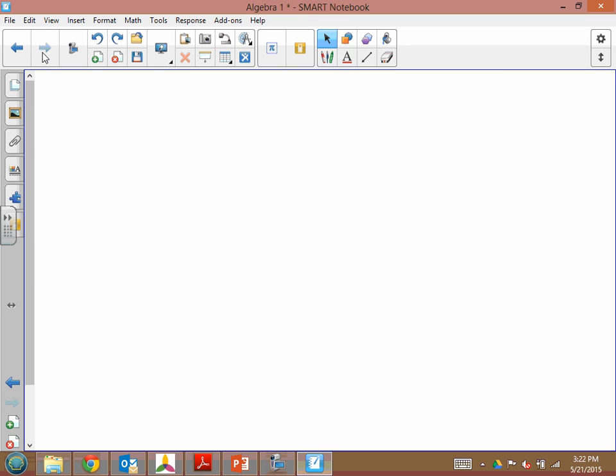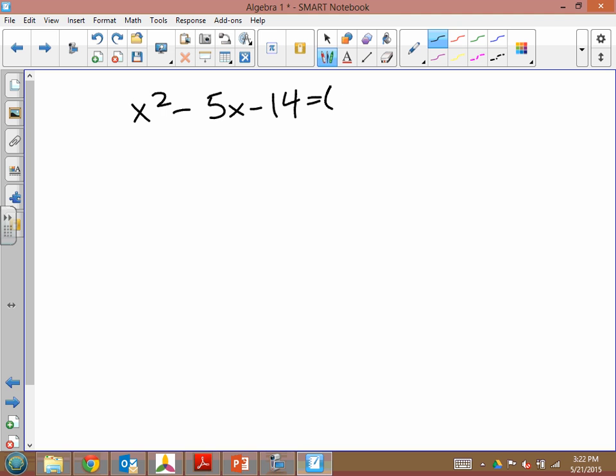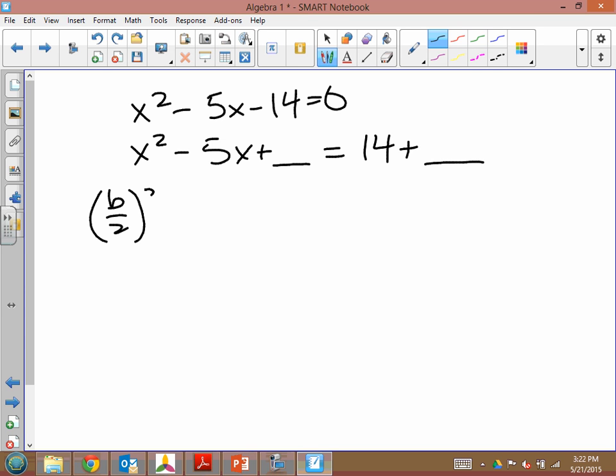That's false. Okay, so the question was x squared minus 5x minus 14 equals 0. First step, I need to put 14 over there to get it in the right form, don't I? Okay, so the whole idea is I need something I'm going to add on to both sides. Coming up with that something is my formula, half of b squared, right? b is -5.